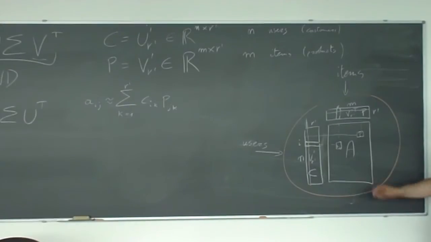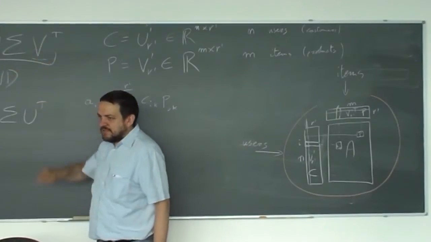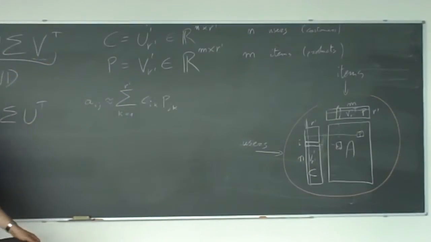Of course, if entries are unknown, we cannot hope to use analytical means to compute these matrices. Or we can use analytical means, but we need to slightly redefine the problem.